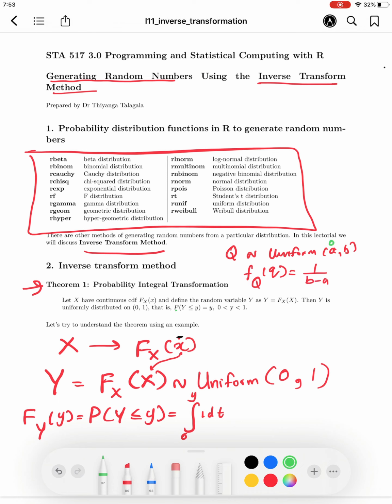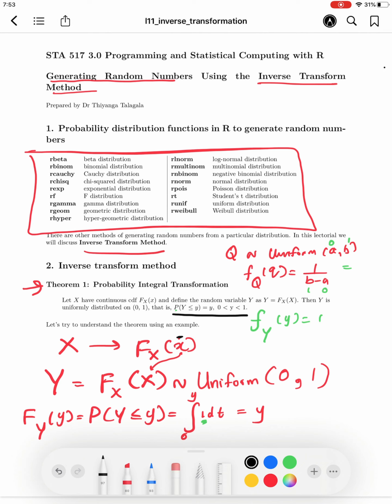Here, instead of a and b, we have 0 and 1. So in this case, the probability density function f_Y is 1. So that's why I have 1 here. If I simplify this one, you will get y. This is what we have here.